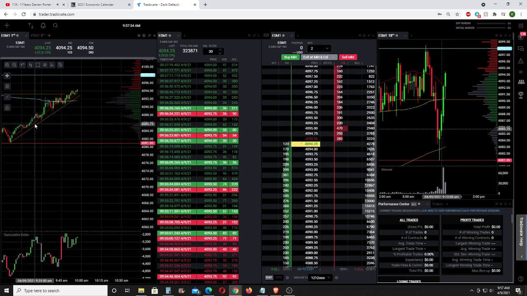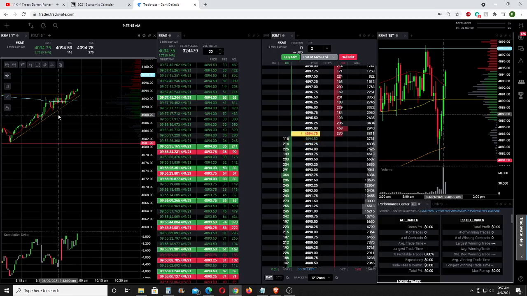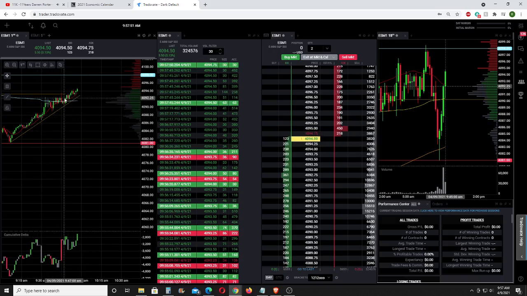Chugging along. This is very, very slow. It's a slow train moving upwards. Slow, slow, slow.